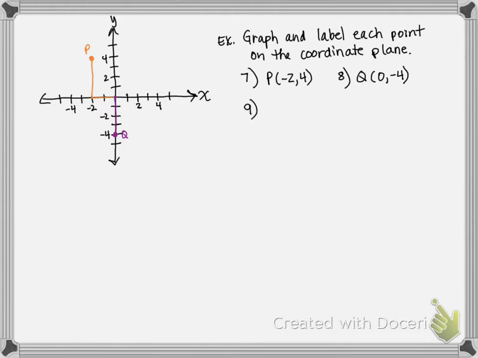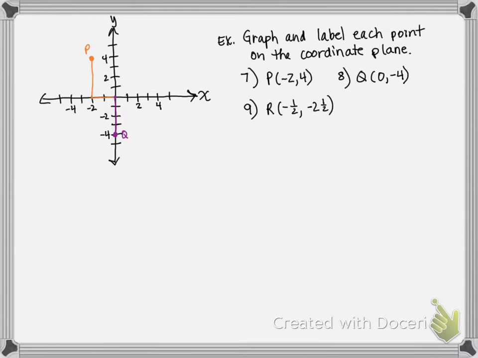Number 9, we've got R. Ooh, got some fractions, -1/2 and -2/2. Well, they're not marked on here, so what we're going to have to do is just go halfway between the whole numbers to get to the half. Okay, so let's try this.